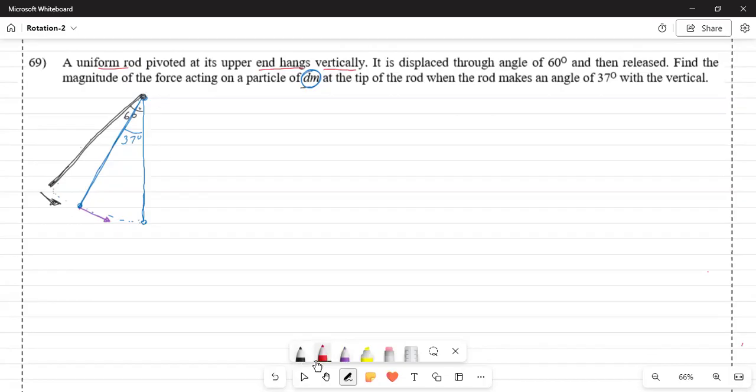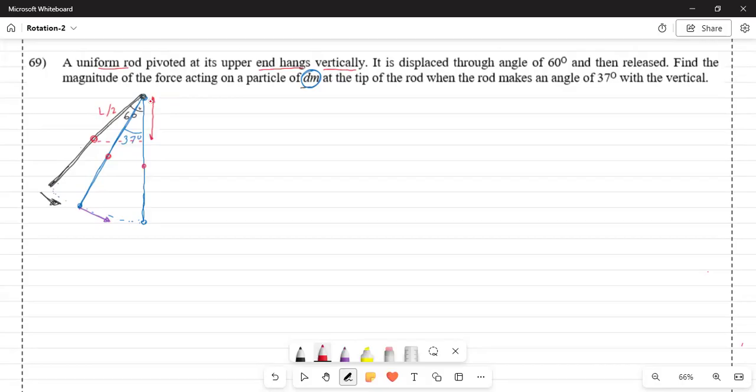Now we have to find out the points. Obviously, whenever you handle such a problem, you have to always consider the center of mass. We have to consider, when the rod has dropped from 60 degrees to 37 degrees, how much the center of mass has dropped. Look, here, if you draw a horizontal line, you come here, this distance is L by 2.